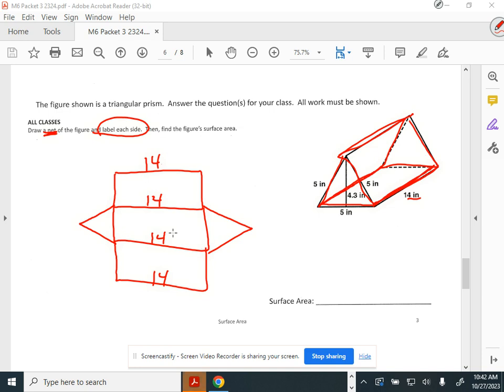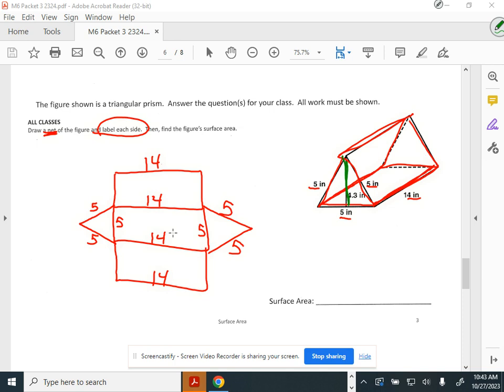They're all 5. Side, side, and side are all 5. Why do you think they gave us this height here? Why do we need a height? Madison? For the width. I mean, for the length.